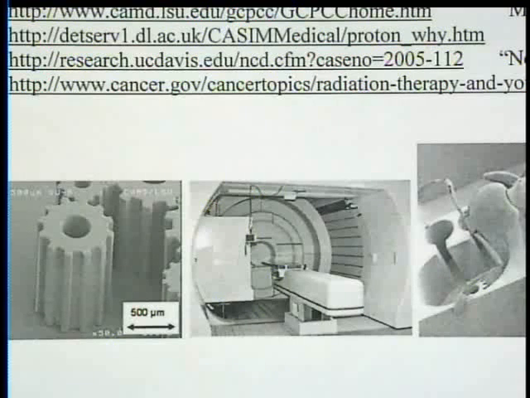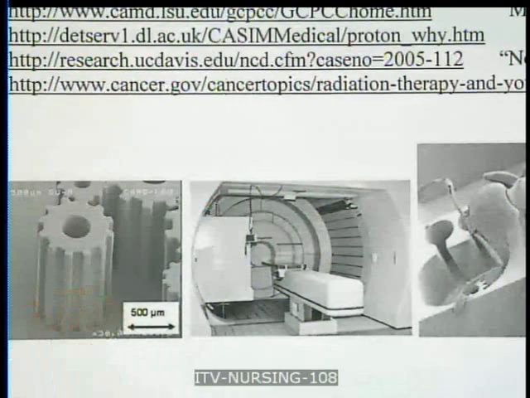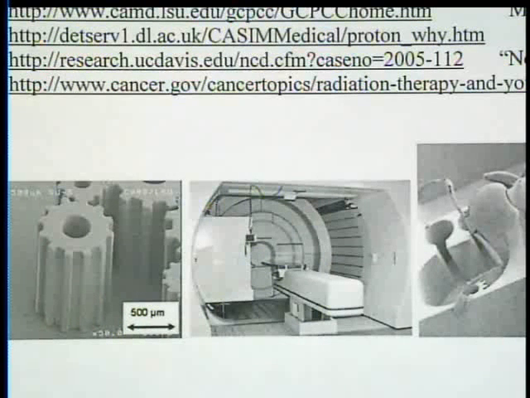Yes? What material are those parts made out of, especially the gear? Most of these are PMMA, but you can make them out of a wide range of different types of material. They're usually of a polymer type or a composite, but you can make them out of other things.